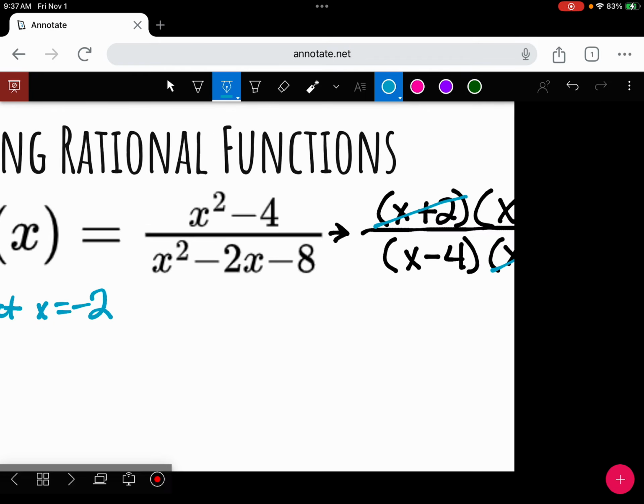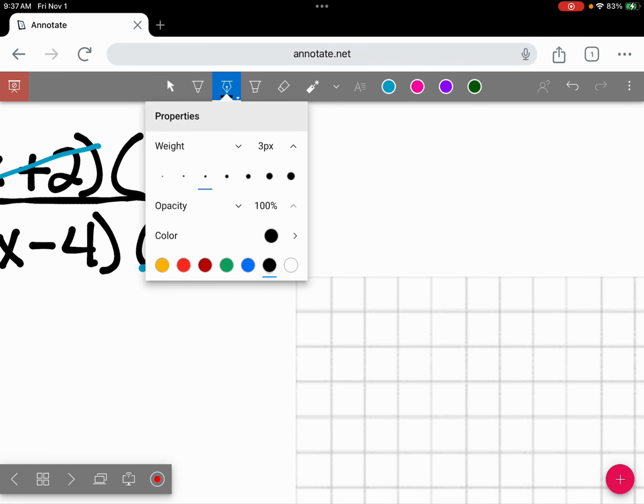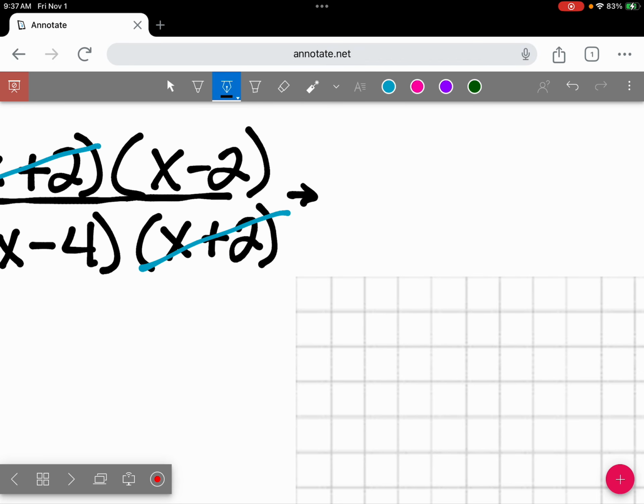So our remaining bit, what we have left over after we simplified out that factored form, we've got our leftovers of x minus 2 over x minus 4. How do I find the y value of the point for that discontinuity? Substitute in our -2 into that leftover bit.